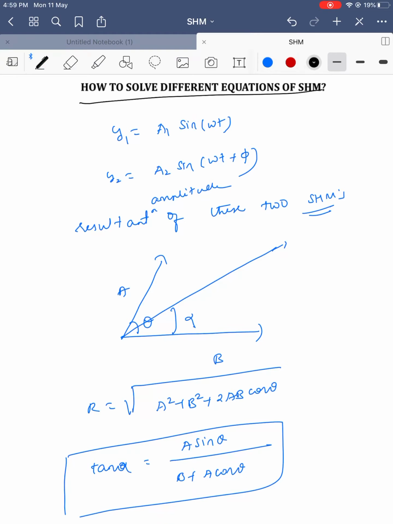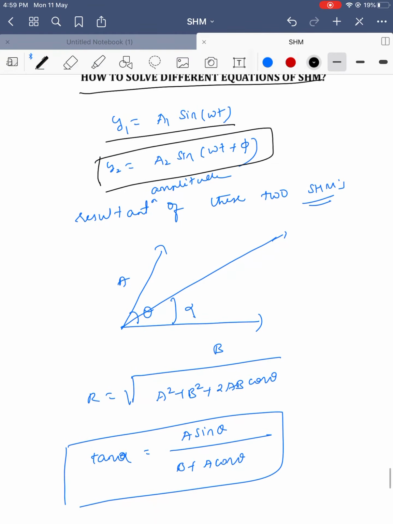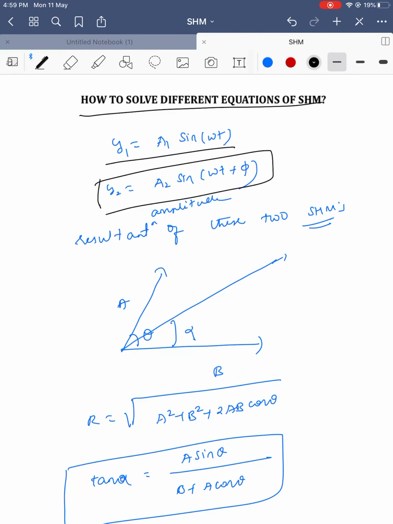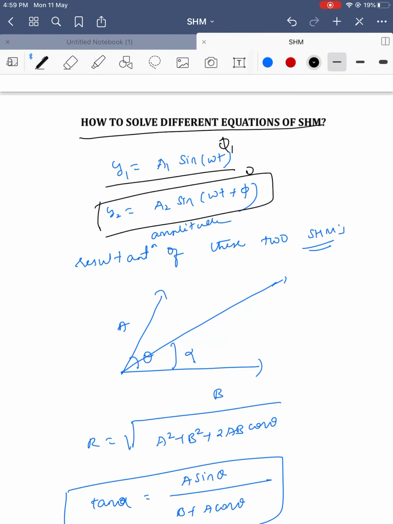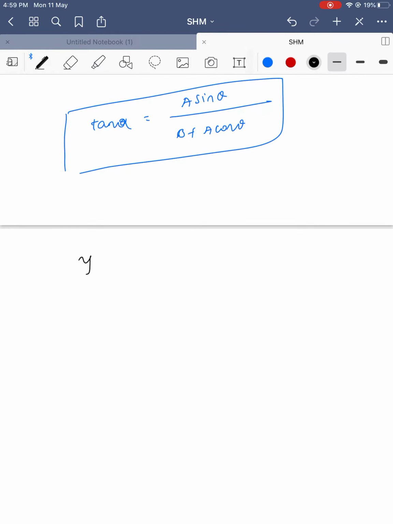Similarly, in this case y1 is given and y2 is given. So consider y1 as a vector. Whose angle is more? First write phi 1 and phi 2. y2 is equal to a2 sin(omega t plus phi), y1 is equal to a1 sin omega t.